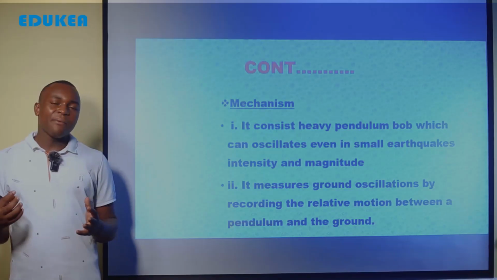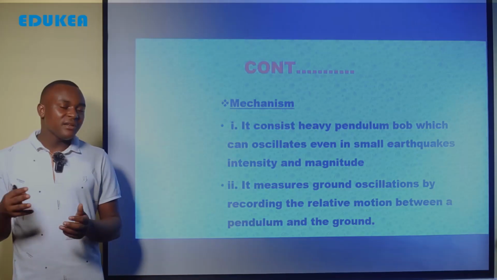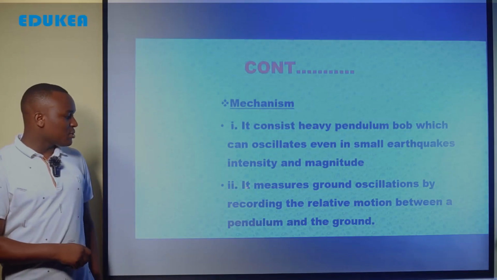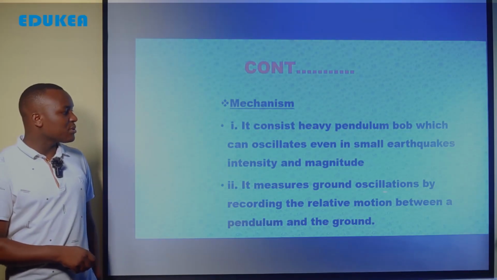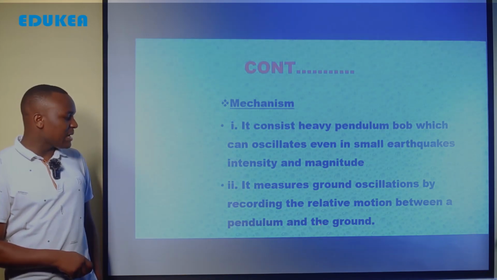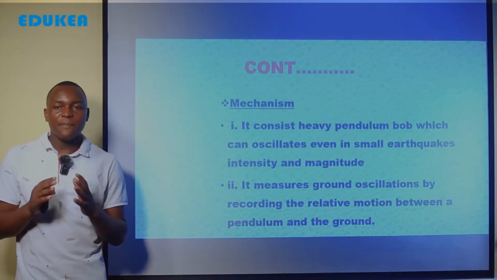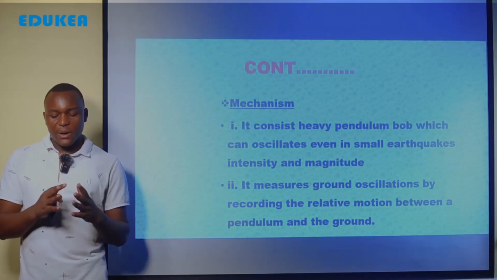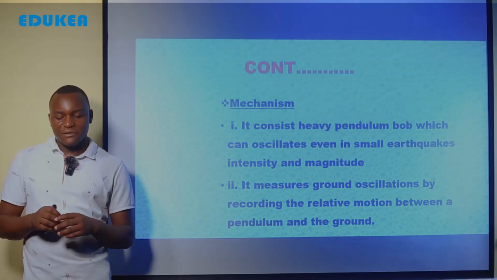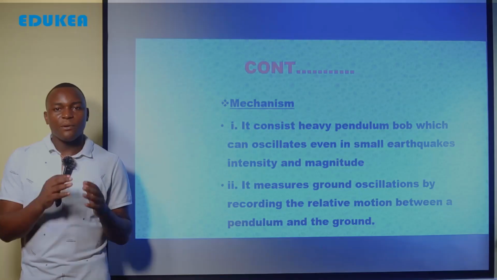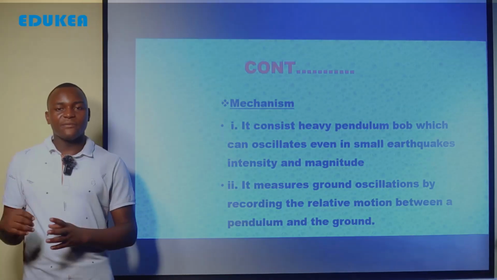But also we say it measures the ground oscillation by recording the relative motion between the pendulum and the ground. Kwamba inapima ground oscillation kwa kufanya comparison ya relative motion kati ya pendulum pamoja na the ground, na kufanya recording na kupima the ground movement.